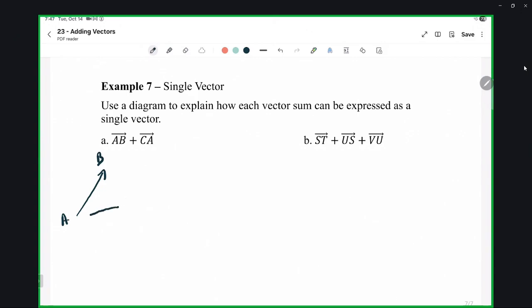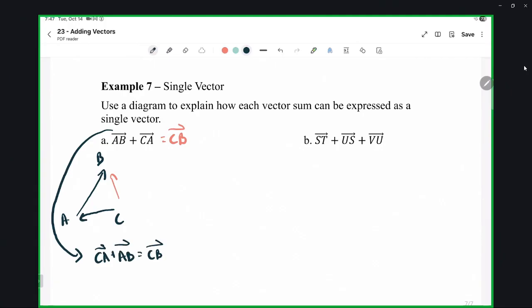All we know about CA is that it terminates at point A. So if we're going from C to A and then A to B, then this vector should be vector CB. Based on how this diagram had to look, this is the only logical thing it could be. Another way we can arrive at this is if we swap the order, then we have vector CA plus vector AB, which we can conclude has to be vector CB.